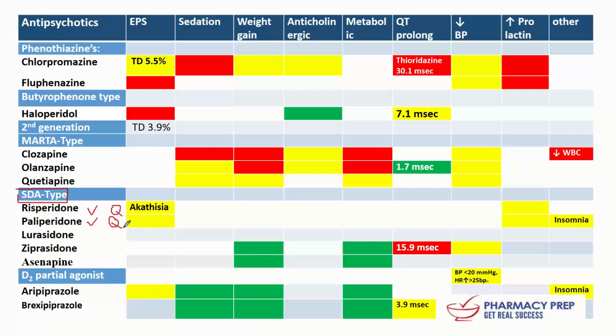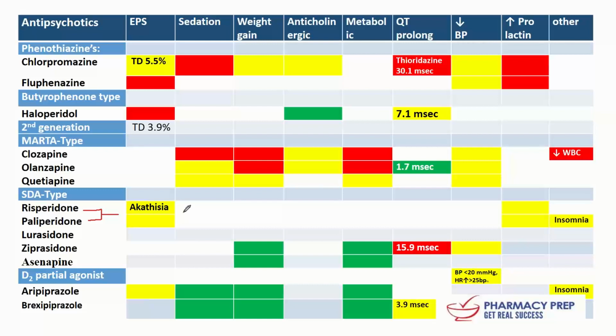They are structurally related, with only a small difference in chemical structure, so they belong to the same chemical class. So a potential question is possible on risperidone and paliperidone.